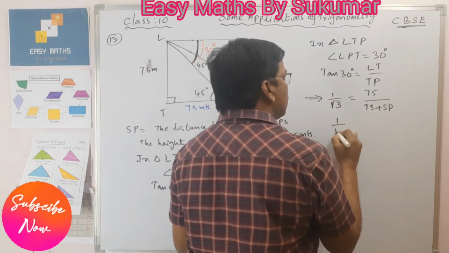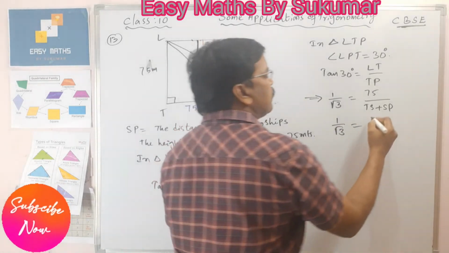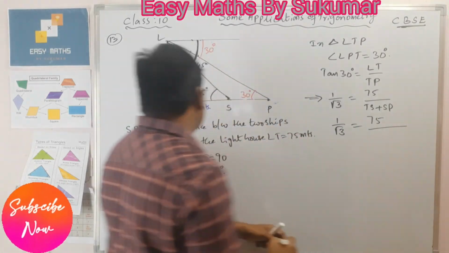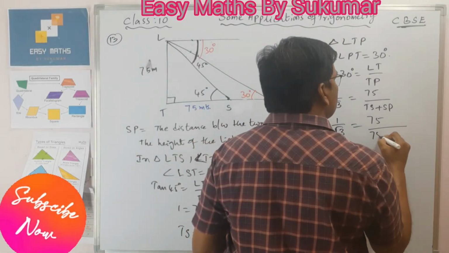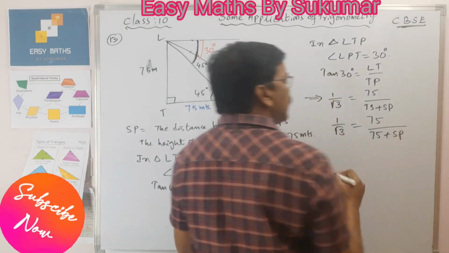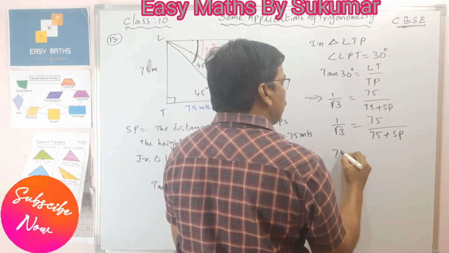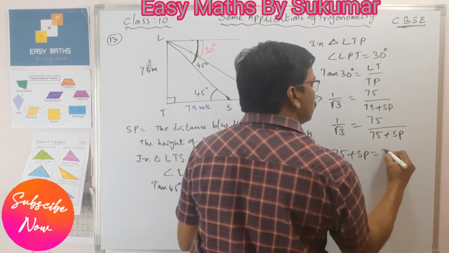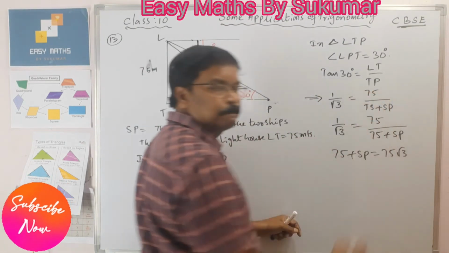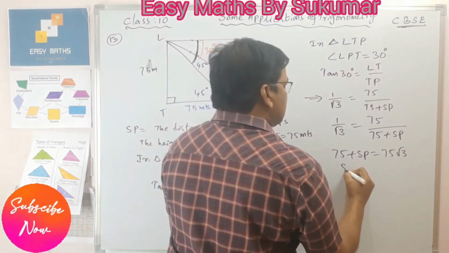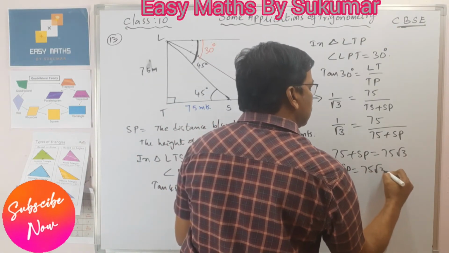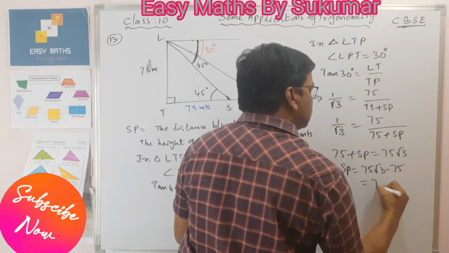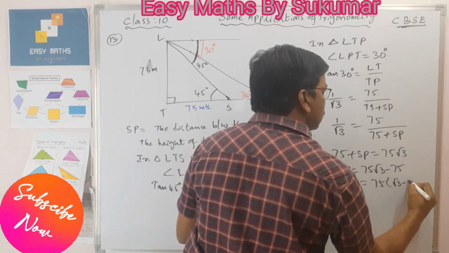So 1 by root 3 is equal to 75 by 75 plus SP. By cross multiplication, 75 plus SP is equal to 75 root 3. So SP is equal to 75 root 3 minus 75. Take 75 as common, that means root 3 minus 1.